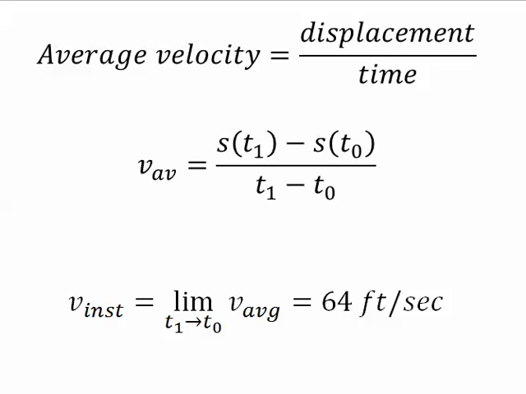I just introduced a new notation, limit notation, LIM. What it means is that as the second number gets closer and closer to the first number, our average velocity is getting closer and closer to 64. And that is instantaneous velocity.